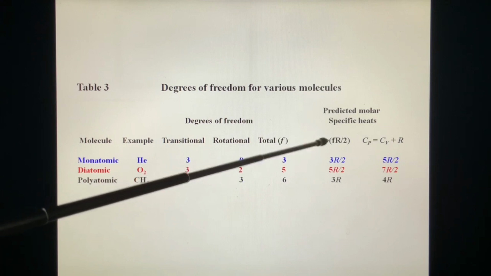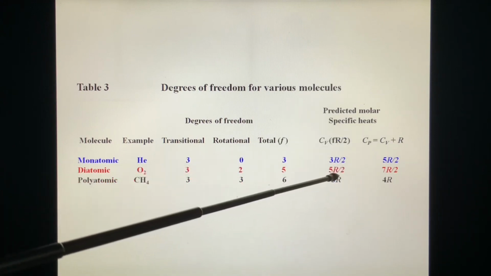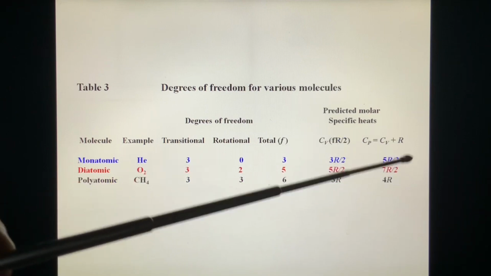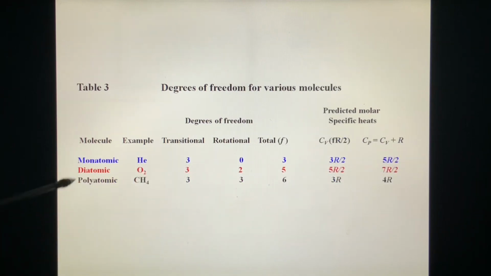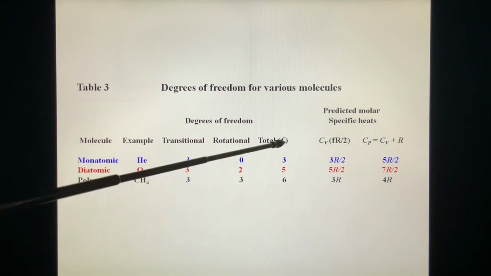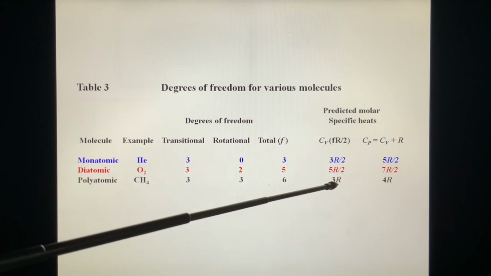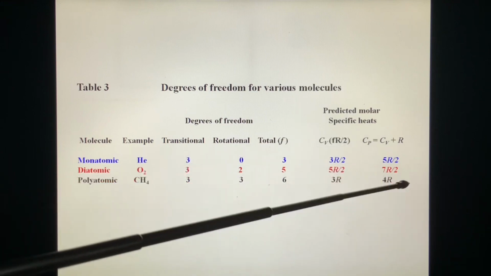So CV is 5R over 2, CP is 5R over 2 plus R, 7R over 2. Polyatomic, like CH4, has 3 translational and 3 rotational, f equals 6. So CV equals 6 over 2 R, 3R. CP is 3R plus R, 4R.